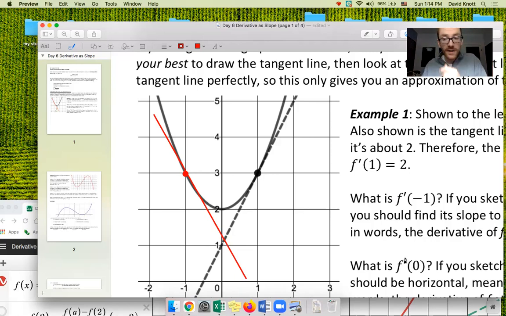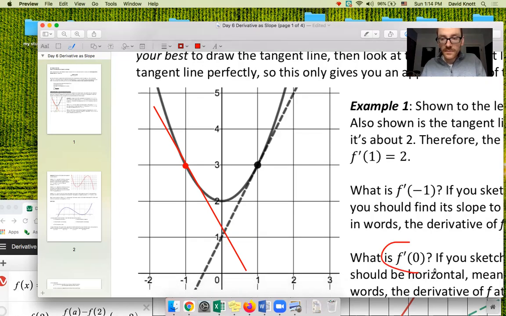Or one more, if I asked you, what's the derivative of f at 0? Equivalently, what's the instantaneous rate of change at 0? Well, to answer that question, you look at 0. You look at the point on the graph. Here it is. You look at the point on the graph, and you just do your best to draw the tangent line. The tangent line in this case, I think, would actually be horizontal.